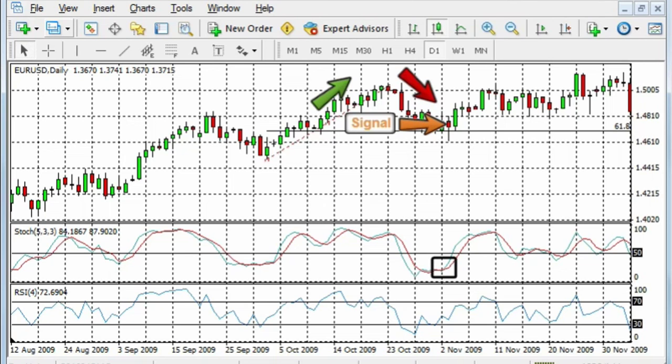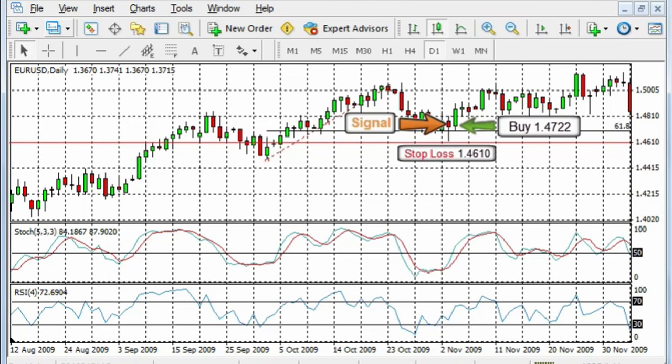In addition, a crossover occurs between the averages of the stochastic oscillator. The trade should be entered at the start of the first candlestick that opens after the signal. The stop loss should be set 5 pips below the lowest value of the signaling candlestick. Exit the trade when the RSI indicator is in the overbought area, meaning its value is above 70.